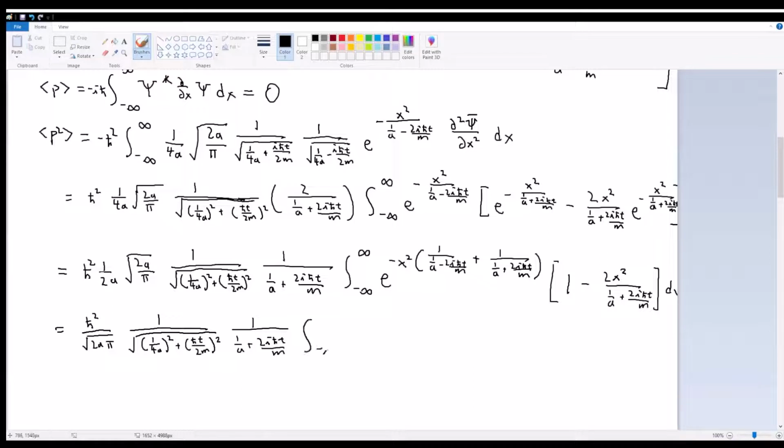And we have our integral from negative infinity to infinity of e to the negative x squared. And then what is this? This is going to be 2 over a divided by 1 over a squared plus 2h bar t over m squared. And then multiplied by 1 minus 2x squared over 1 over a plus 2i h bar t over m dx.